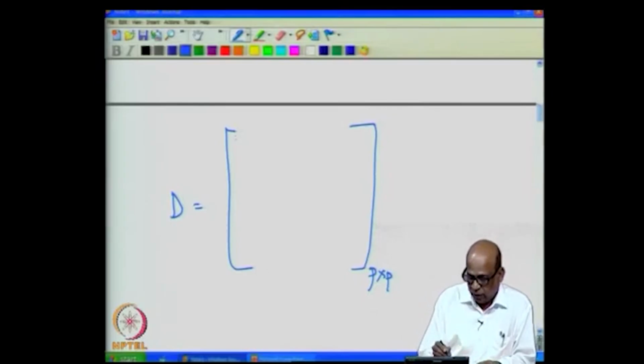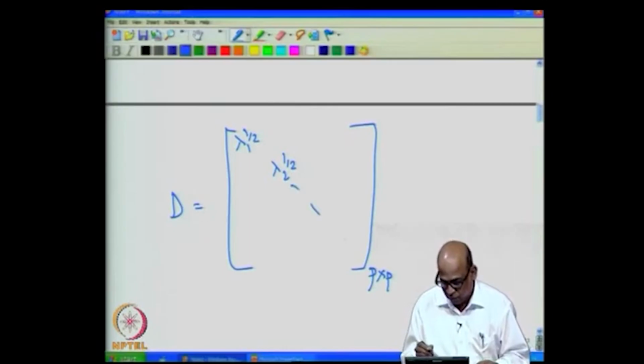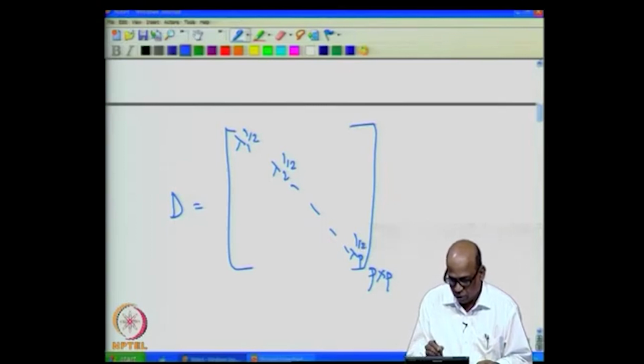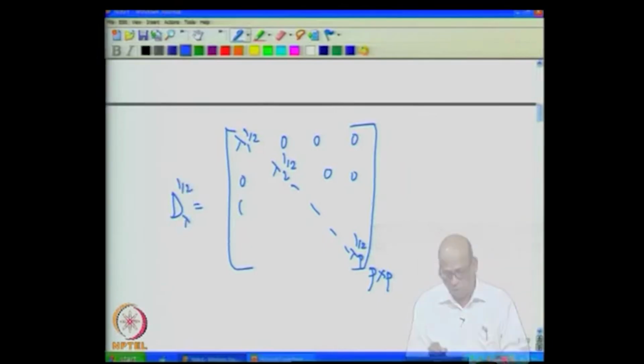We write this as lambda 1 to the power half, lambda 2 to the power half, and so on up to lambda p to the power half, and all other elements are 0. And this is what I denote as D lambda to the power half. All other elements are 0 here.